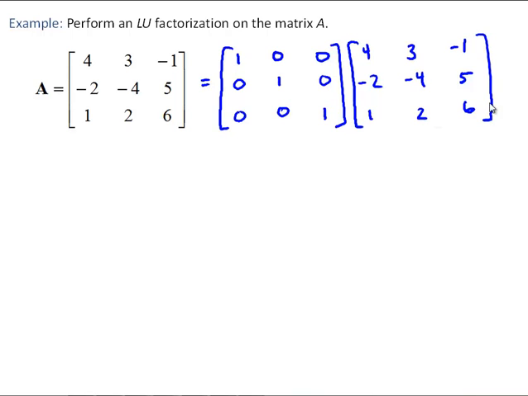And then I'm just going to start doing forward elimination on A, which is that right-hand side matrix. So we'll start under the pivot element 4, and we know that we could write row 2 is equal to row 2 minus, and then our elimination factor would be -2 over 4 times row 1.